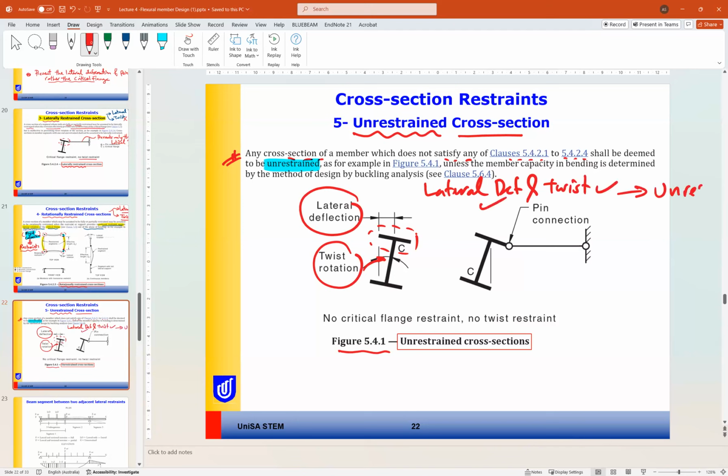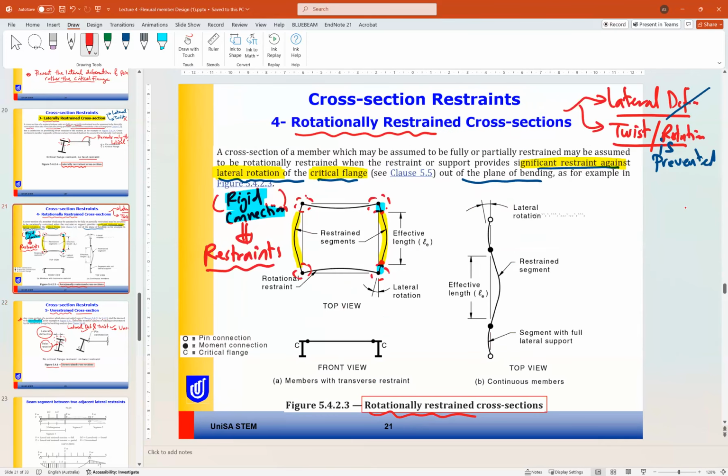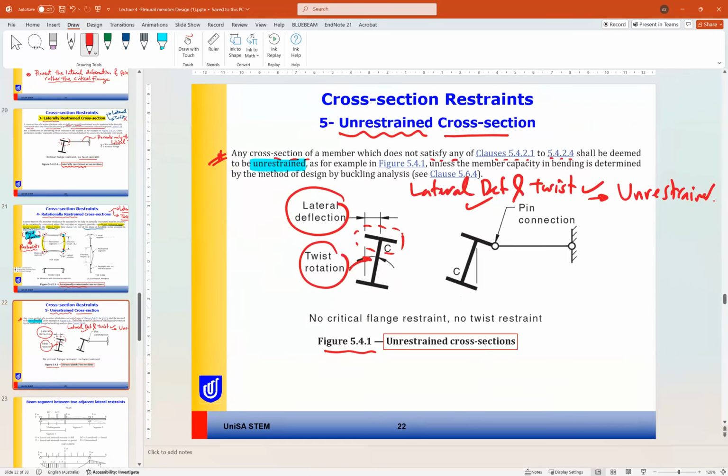So this member is an unrestrained member. This is our unrestrained member if it doesn't satisfy any of the previous, and we cannot prevent the lateral deflection or the twist.